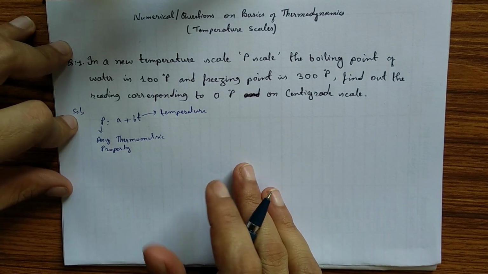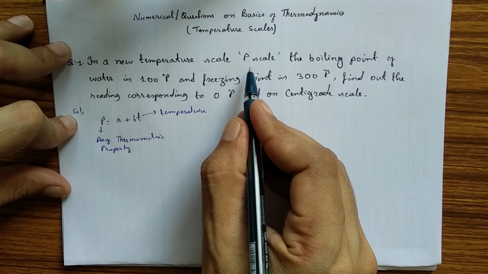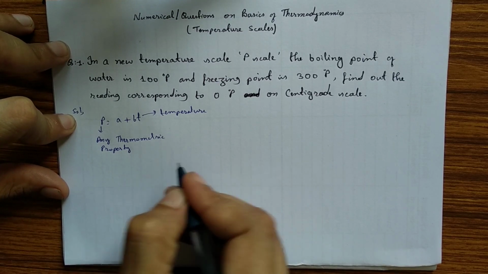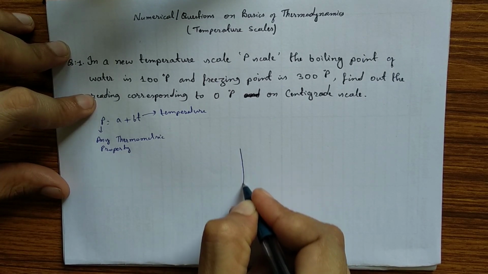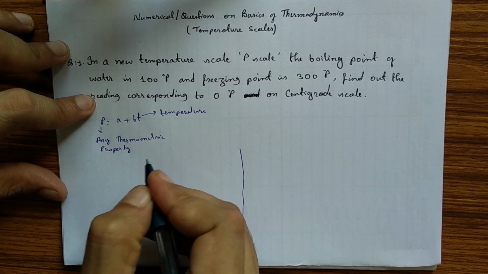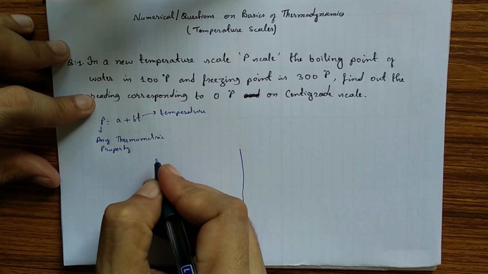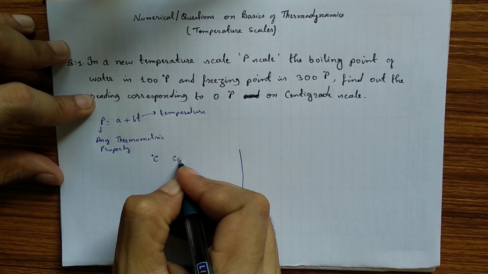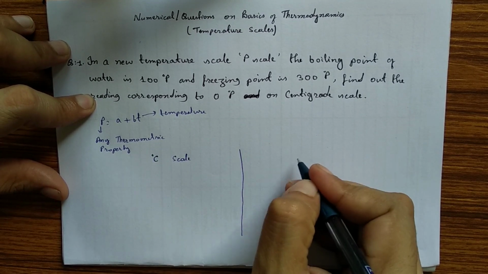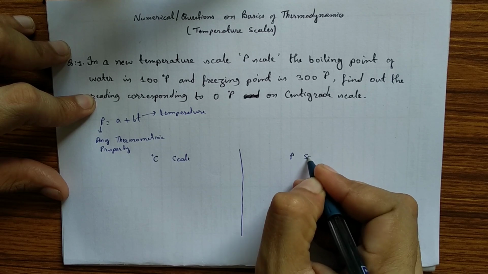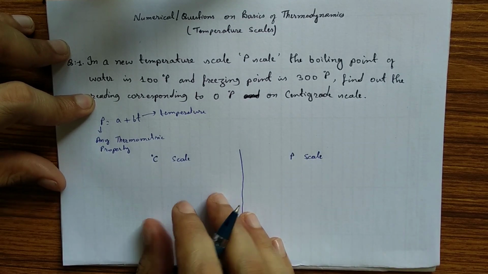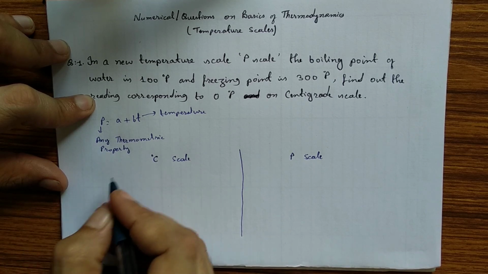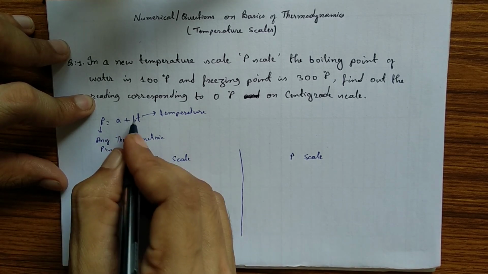So we want a relation between this P scale and the centigrade scale. We will divide this in two parts: first the centigrade scale, and the other one is the P scale. Here P is any thermometric property and T is temperature.